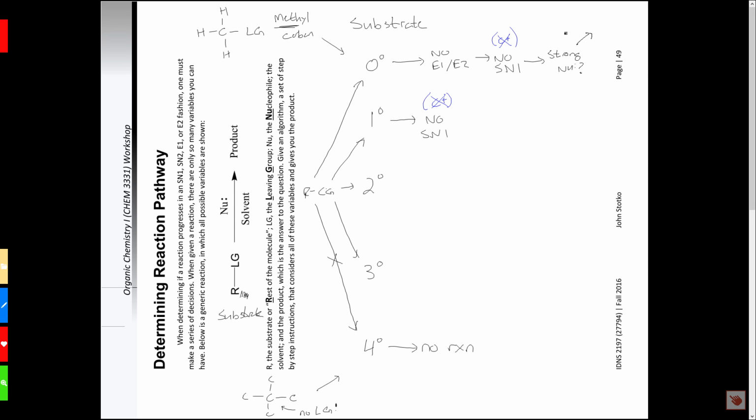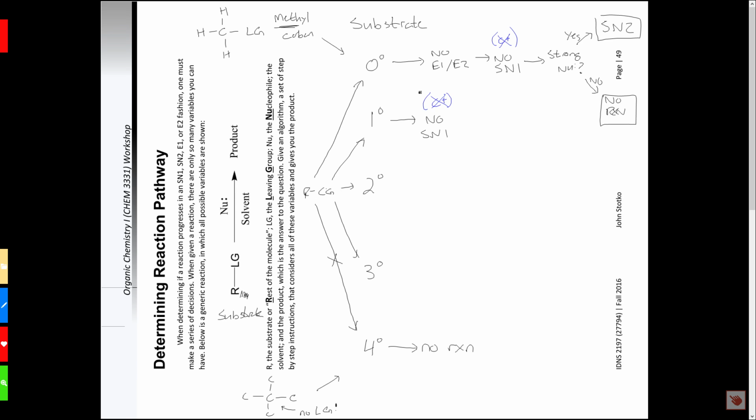It can be a yes, or it can be a no. If it is a strong nucleophile, then yeah, we can continue with SN2, and that is our answer. If there's no strong nucleophile, then it is no reaction. We've eliminated everything else. There's an X between there, and that's a viable answer. So our product would actually just be our starting material. Nothing would change.